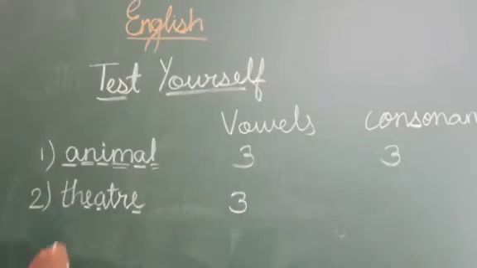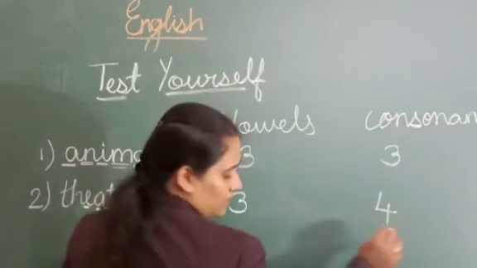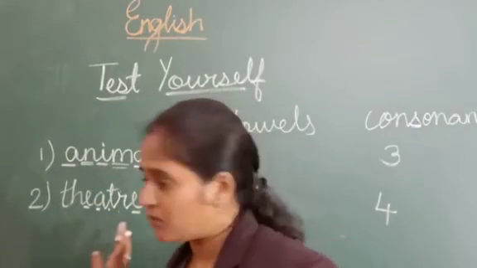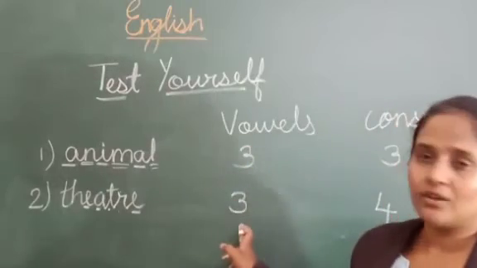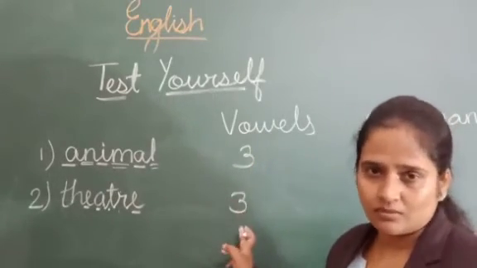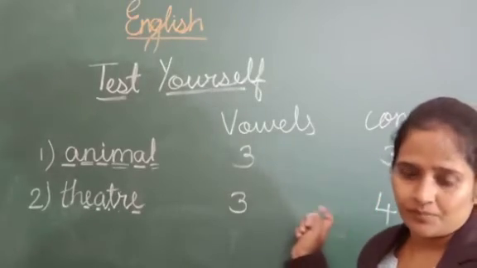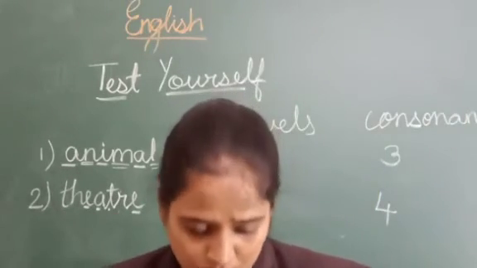And how many consonants are there? 1, 2, 3, 4. So how many consonants? 4. This way 5 examples have been given. You have to count the vowels and write the number below the vowels, and the remaining are the consonants, you have to write there. I'll send you the pics also.